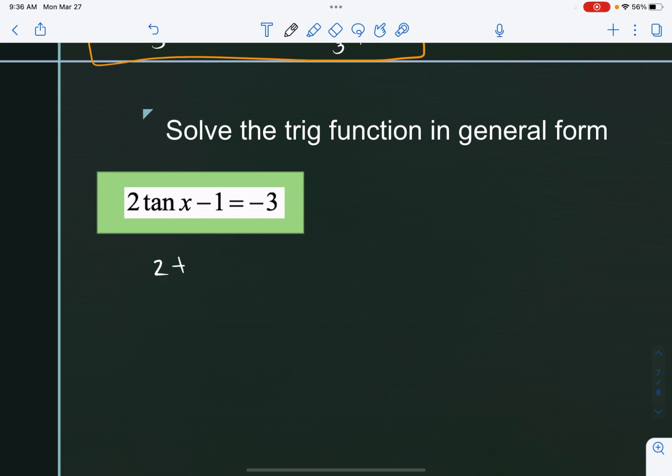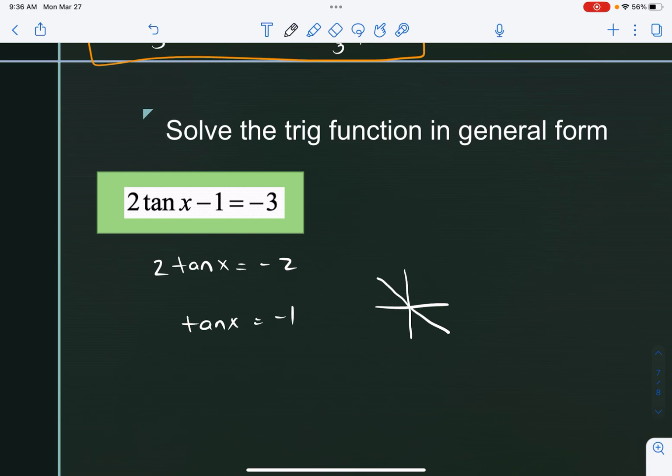So we get 2 tan x is equal to -2. We're going to divide, so we get -1. So if you remember, -1 would be in quadrant 2 and in quadrant 4. Okay, so we can actually work this out in 2 different ways.